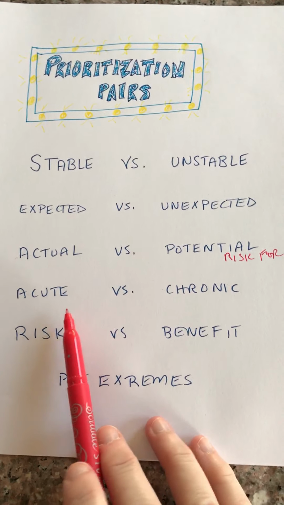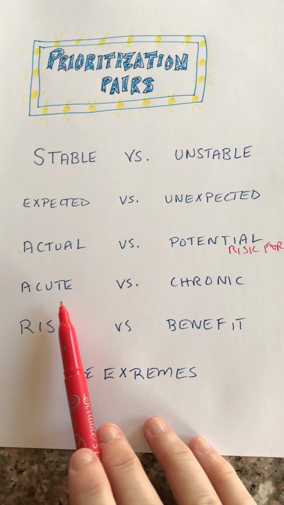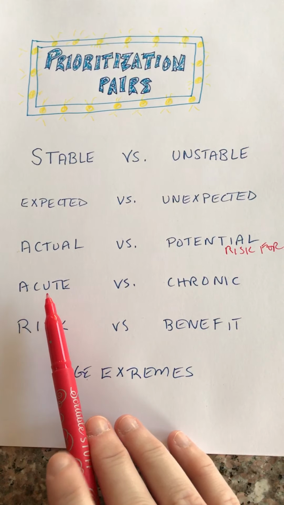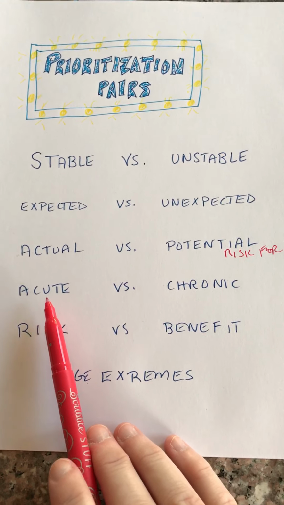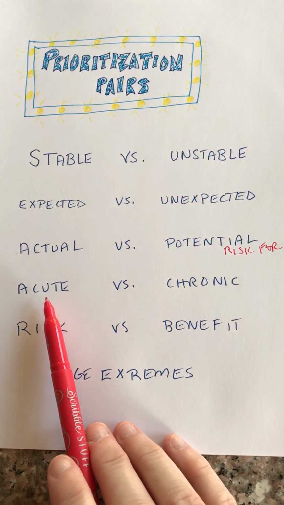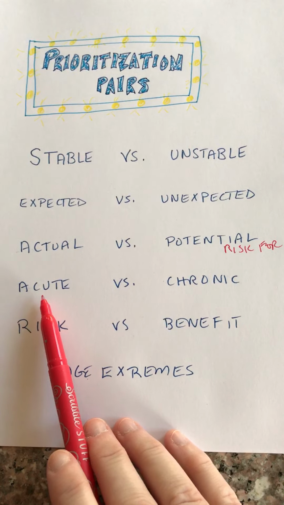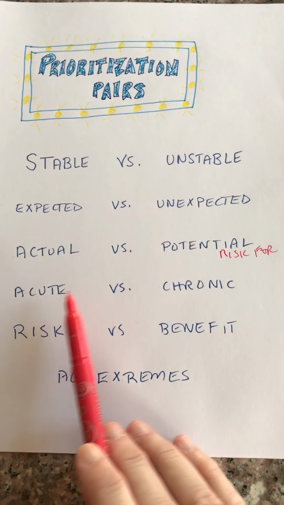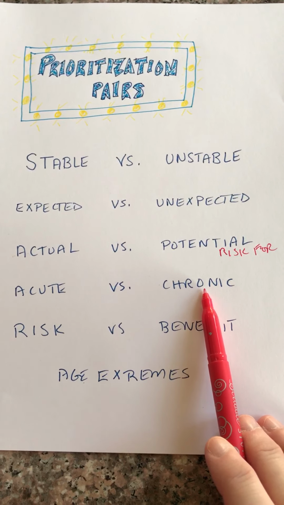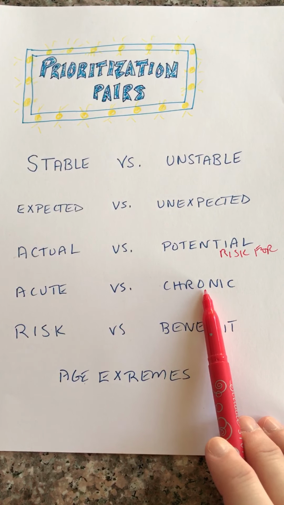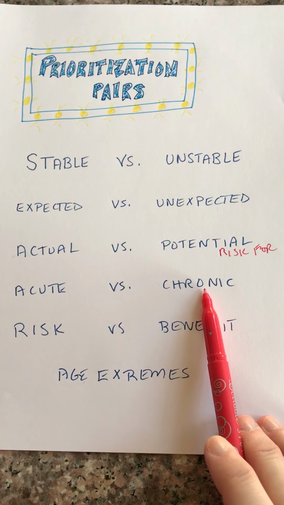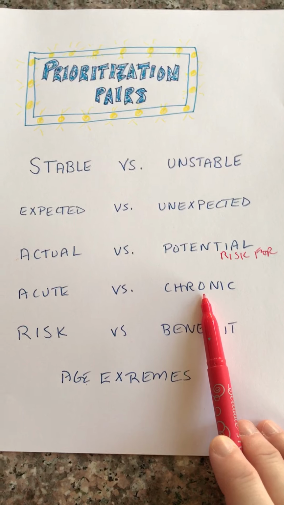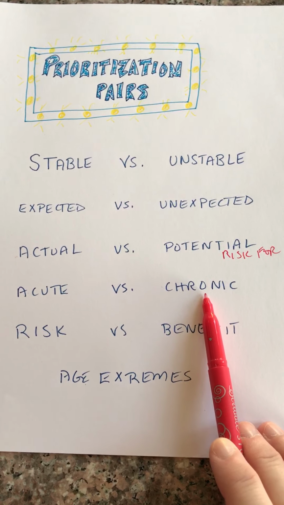Acute versus chronic, next pair. So do they have an acute problem, meaning it's new, it's a recent onset? So somebody who developed some shortness of breath and cough and fever, and they went in and the doctor diagnosed them with pneumonia, versus somebody who has maybe some COPD, emphysema, like a chronic lung disease, who came in coughing, productive, they're coughing stuff up.